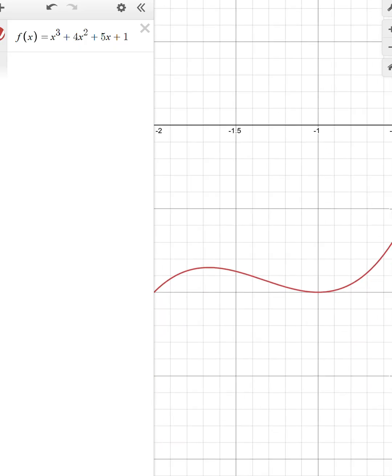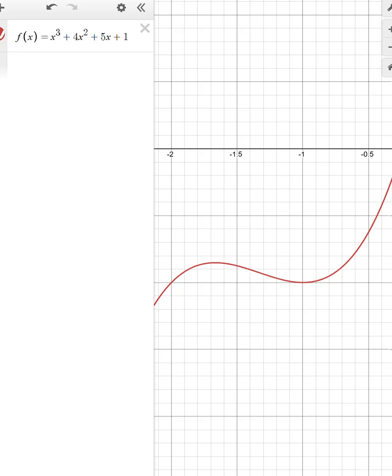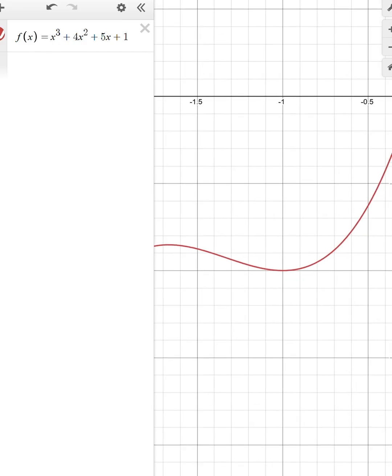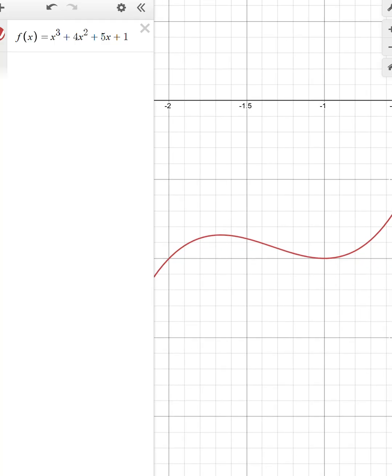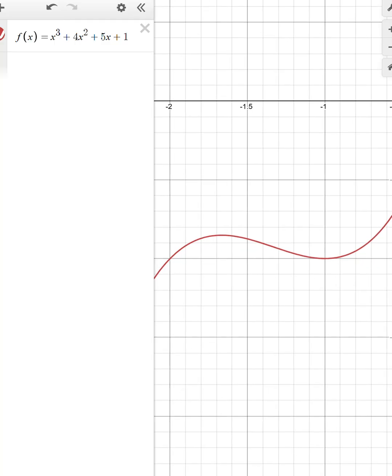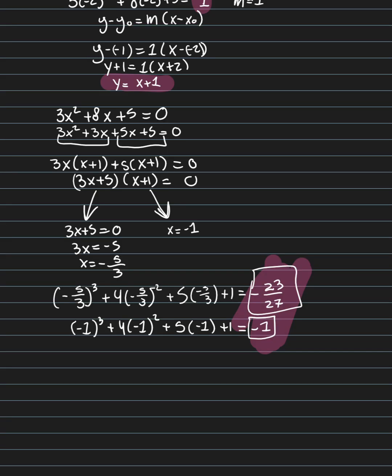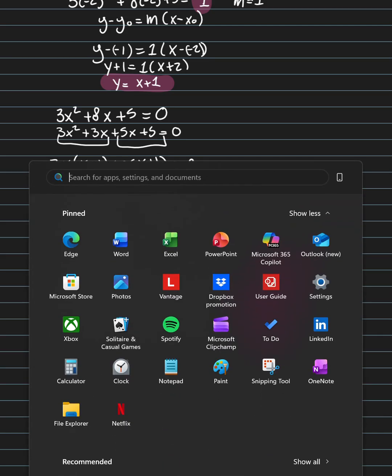Now, horizontal tangents. Where are there horizontal tangents? Visually, I can see it. There's one right here at negative 1 as an x value, and one somewhere in between negative 1.5 and negative 2. So we said that, let's go back to our notes, there was one at negative 23 over 27 and negative 1.